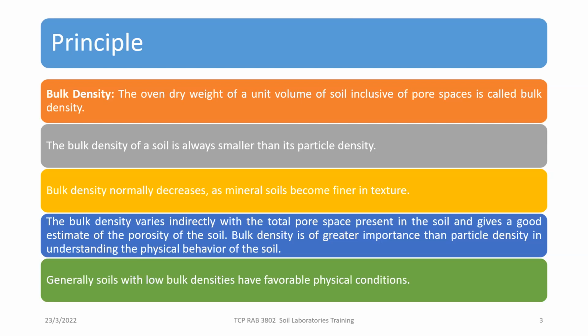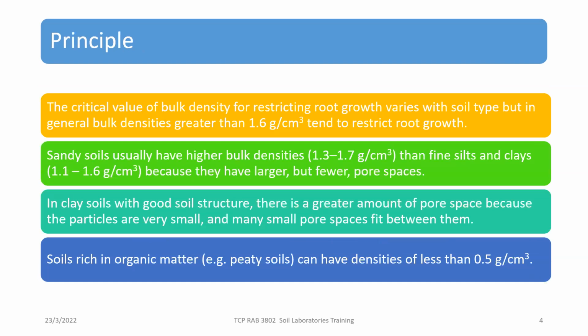Generally, soil with low bulk density has favorable physical condition. In principle, the critical value of bulk density for restricting root growth varies with soil types, but in general, bulk density greater than 1.6 gram per cubic centimeter will restrict root growth.